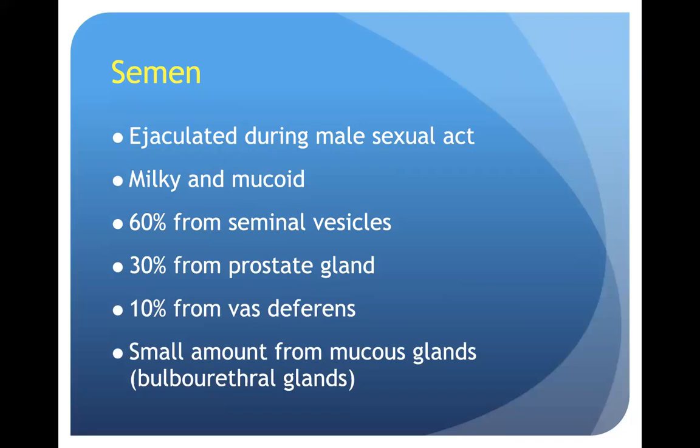No, that's wrong. What you actually see is the semen. Okay, so 60% of the semen comes from your seminal vesicles, 30% from the prostate gland, and around 10% from the vas deferens. And a small amount comes from the mucous glands such as your bulbourethral glands.